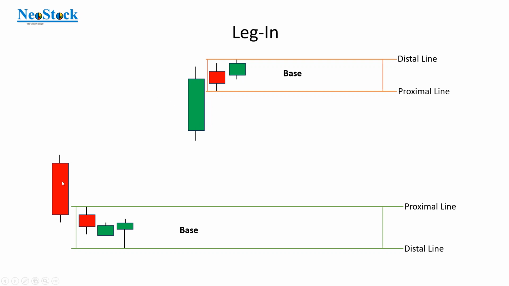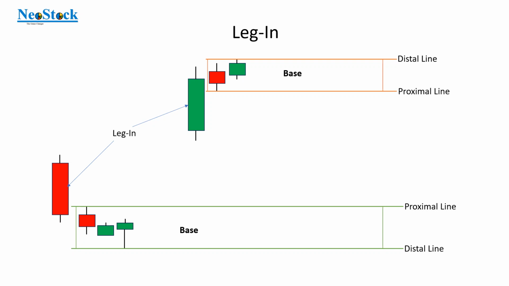So, we have a legging for the demand, and we have a legging for the supply. These two candles are called legging candles. This is one of the components of a zone.